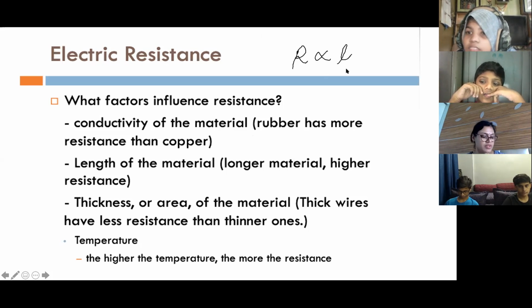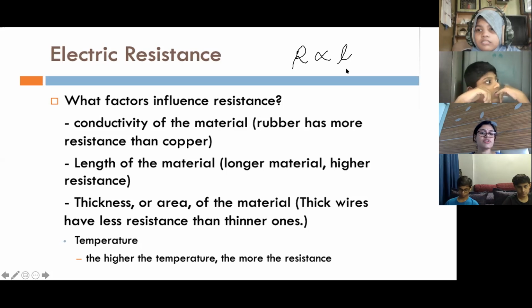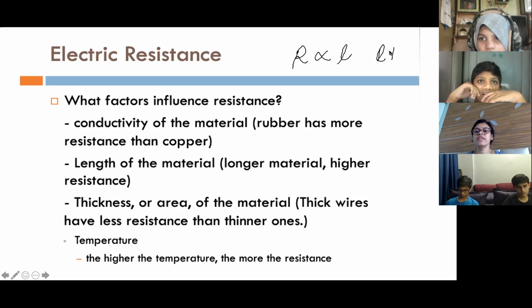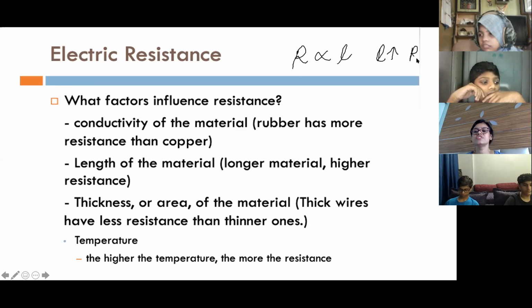So when the length of the conductor is long, resistance will be high. Do you understand why it is high? So that is why I say resistance is directly proportional. Means when length increases, resistance will be more.